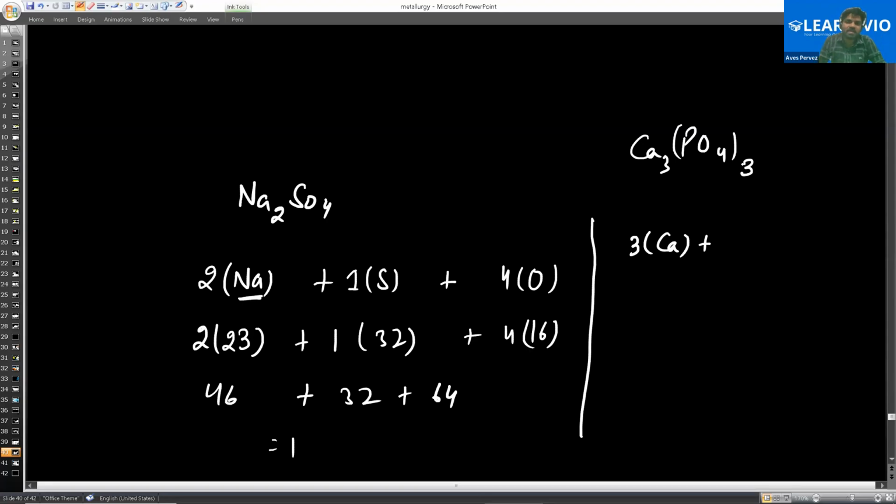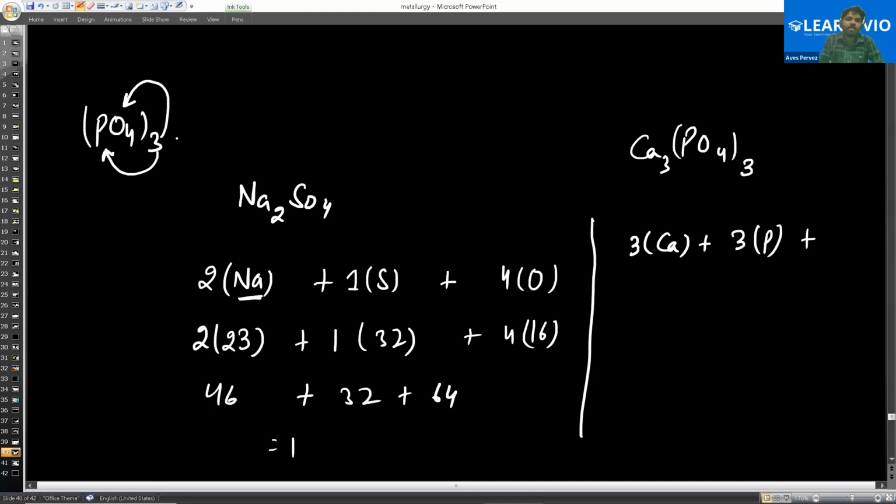For example, if it is written Ca3(PO4)3, this 3 is going to multiply with the phosphate ion as well as the oxygen atoms. They are both multiplied. When this 3 multiplies P, there will be 3 phosphorus atoms.